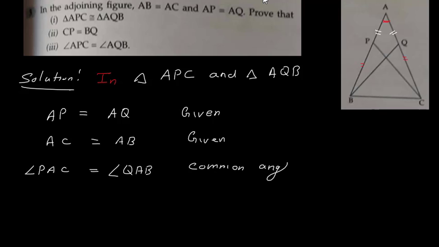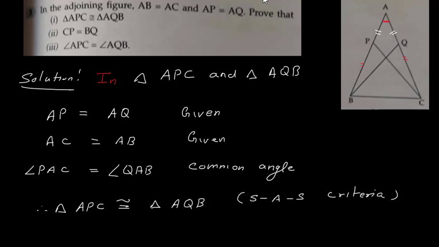Therefore, you will say that triangle APC is congruent to triangle AQB, and the reason is side angle side criteria. So by side angle side criteria, APC and AQB are congruent.